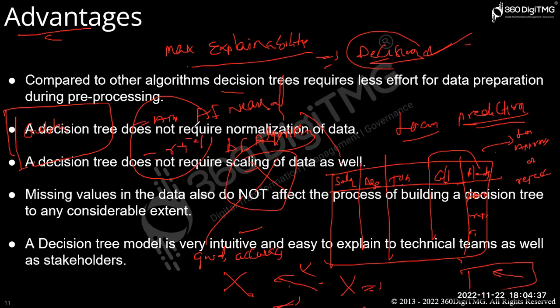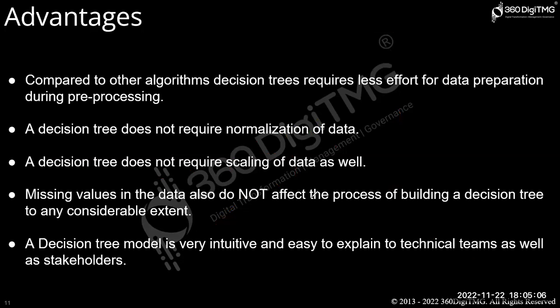So you can simply explain: these are the features we have considered, and it is not satisfying these conditions, so we have rejected your loan. You can say something simple like that when you have a decision tree algorithm. So when you go with the decision tree algorithm, you have maximum explainability.